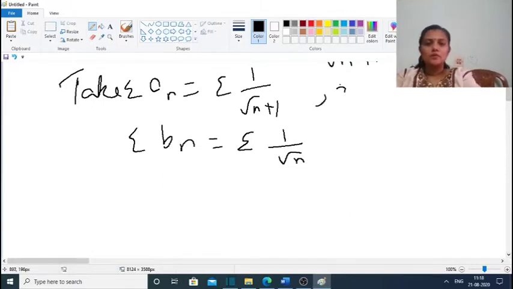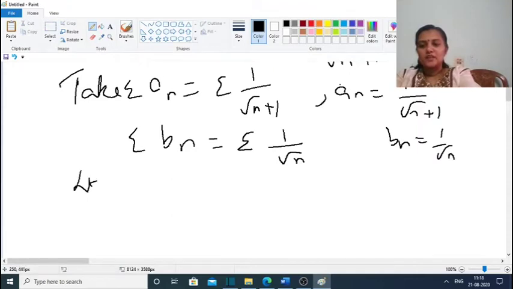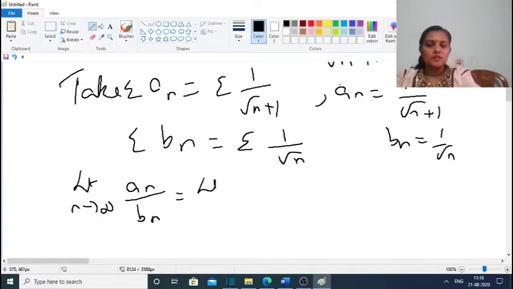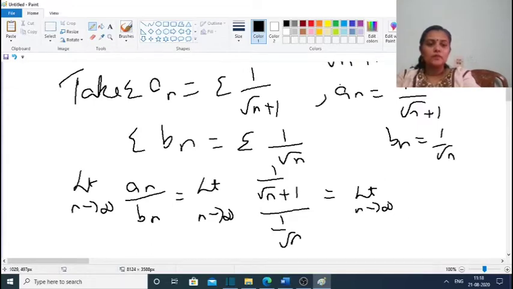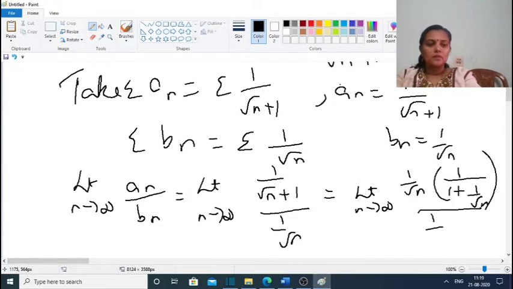Now consider the limit as n tends to infinity of an by bn, which is equal to the limit of 1 by root n plus 1, divided by 1 by root n. We can take 1 by root n common from here, so this becomes 1 by root n times (1 plus 1 by root n), divided by 1 by root n.